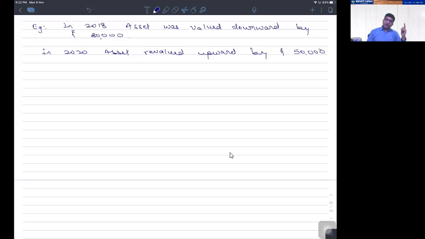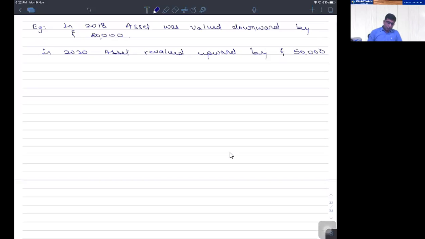When you did the downward revaluation of the asset, at that time you must have passed the entry as profit and loss account debit to asset account by rupees 80,000 in the year 2018. Now in the year 2020, when you are doing the upward revaluation, this is against that downward revaluation first. And as the amount of upward revaluation is less than the previous downward revaluation, that 50,000 will not be credited to the revaluation reserve account. That 50,000 will directly be credited to what? The profit and loss account.